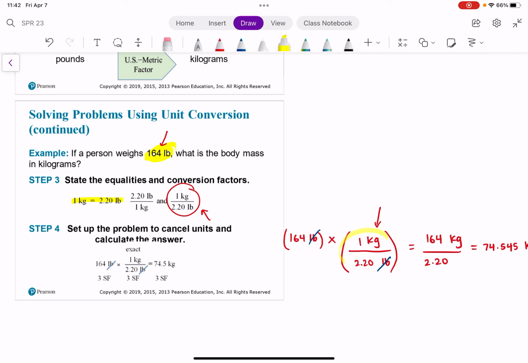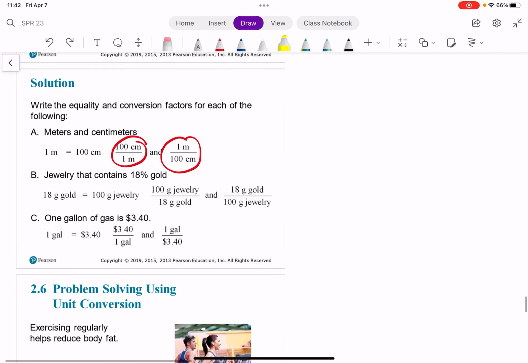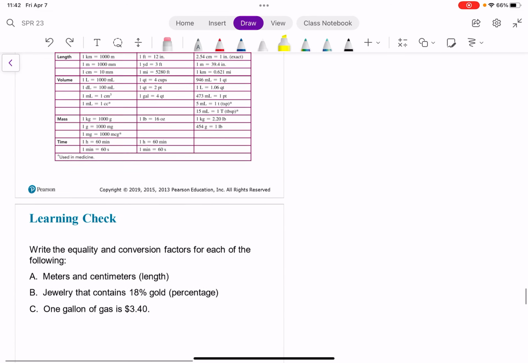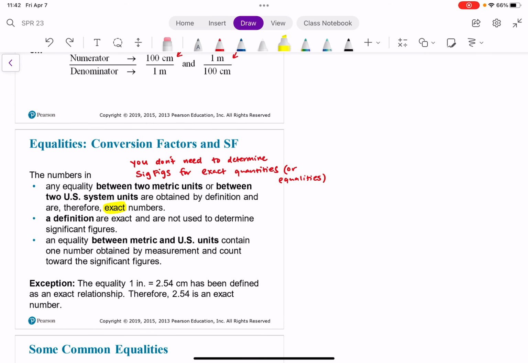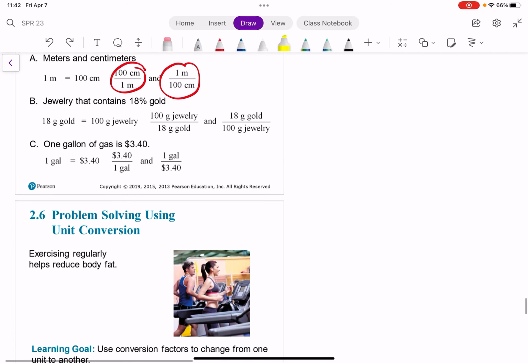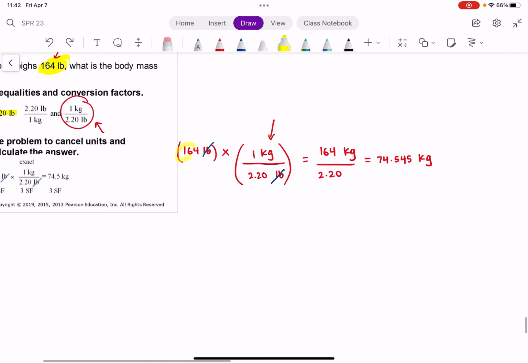We don't need to worry about the sig figs here because why? Yeah, because that's actually an exact number. Remember we said that any equality between units is an exact number. So these are exact and we only need to worry about this one.